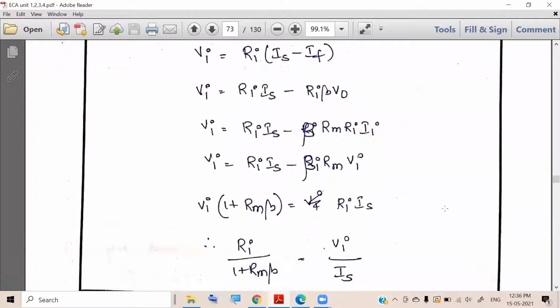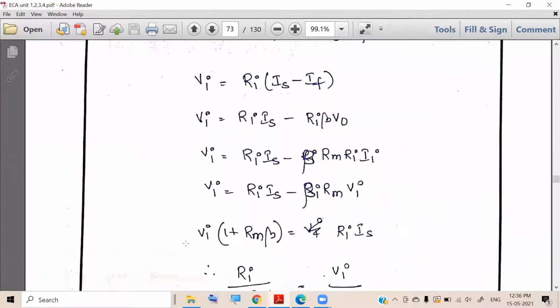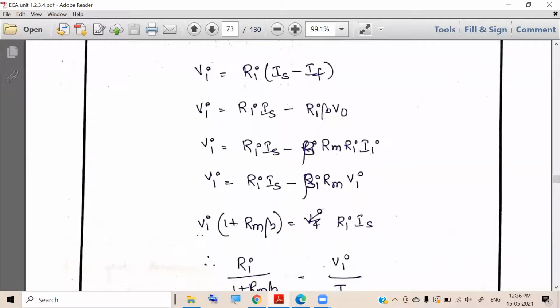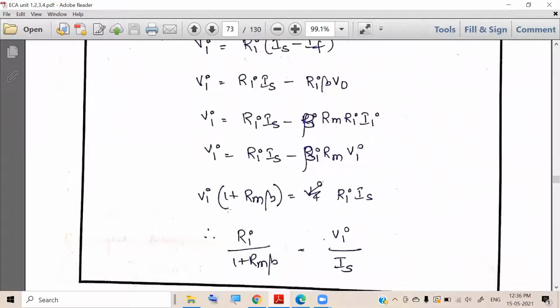Now, let us see what we are trying to do. If we can get Vi by Is, then we will get the input resistance with feedback. That is what we are trying to do. So for that, Is we are cross multiplying to the LHS, so it comes to the denominator.